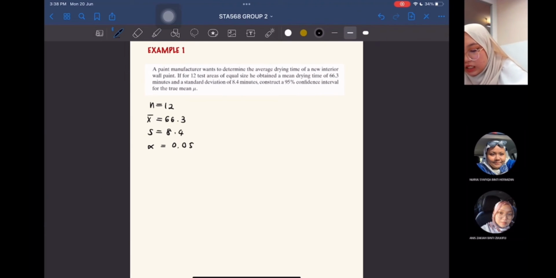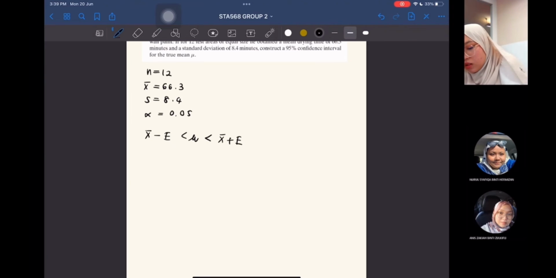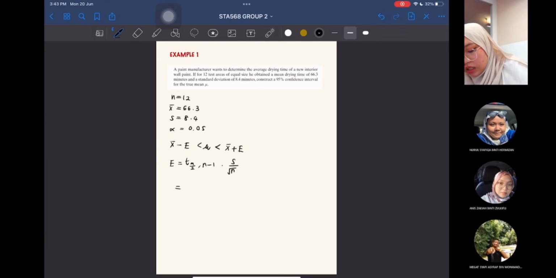The formula is x bar minus E less than mu less than x bar plus E. For the E formula, E equals t alpha over 2, comma n minus 1, times S over square root of n.